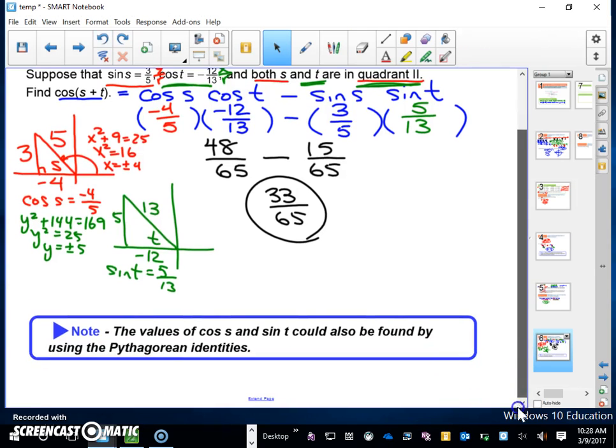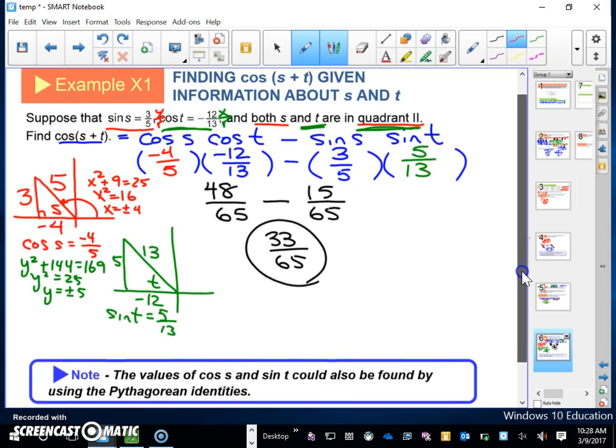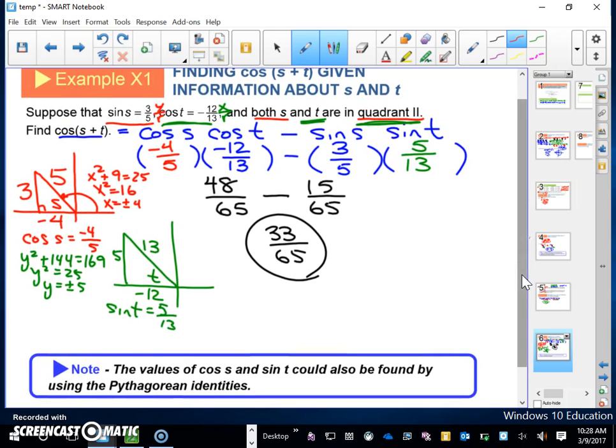Down at the bottom, they say those values of cosine S and sine T could also be found using the Pythagorean identities. I think it's a little bit harder, but instead of drawing those pictures, we could have said sine squared S plus cosine squared S equals 1.